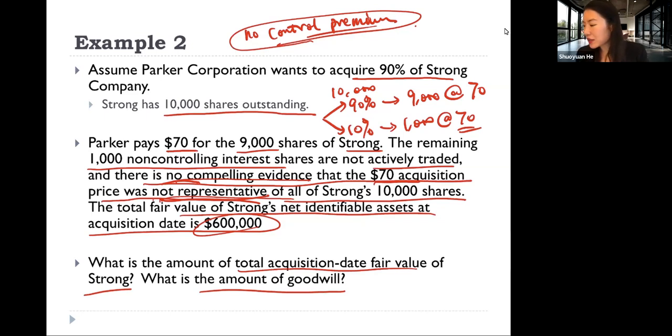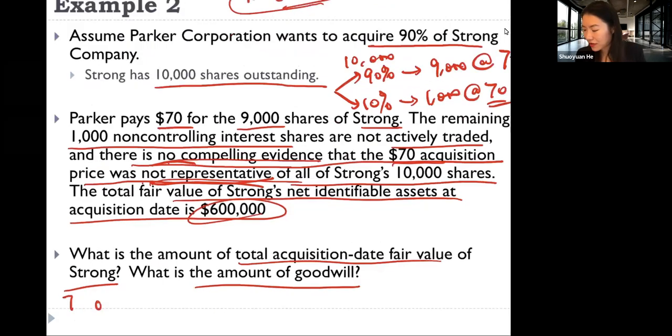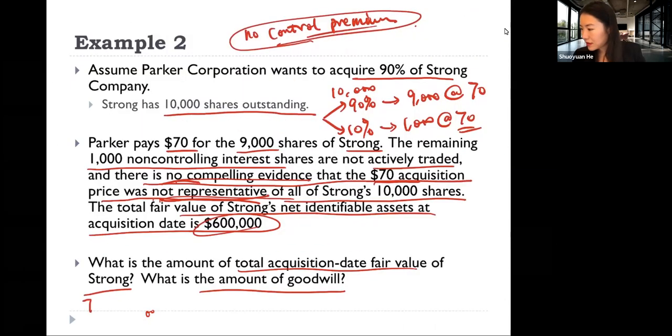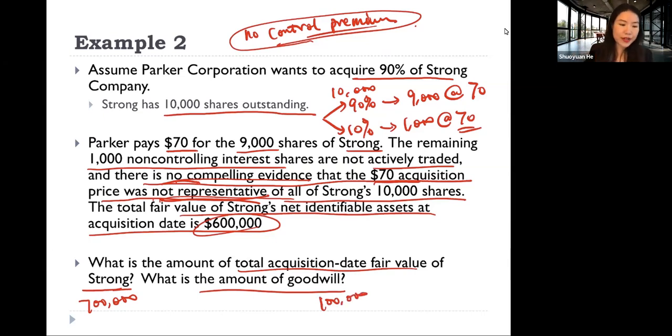So how do we calculate the total acquisition date fair value of Strong? What is your answer? It is 700,000. And the amount of goodwill, the answer is 100,000. How do we get those numbers? The same as before, the formula doesn't change.